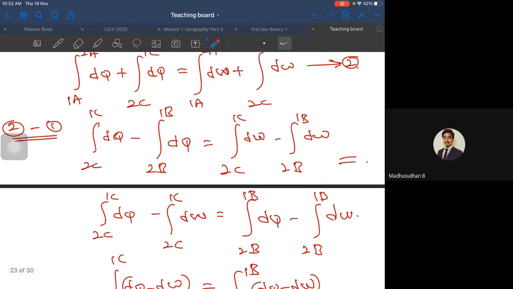Integration from 2C to 1C minus integration from 2B to 1B of dQ equals integration from 2C to 1C of dW minus integration from 2B to 1B of dW.